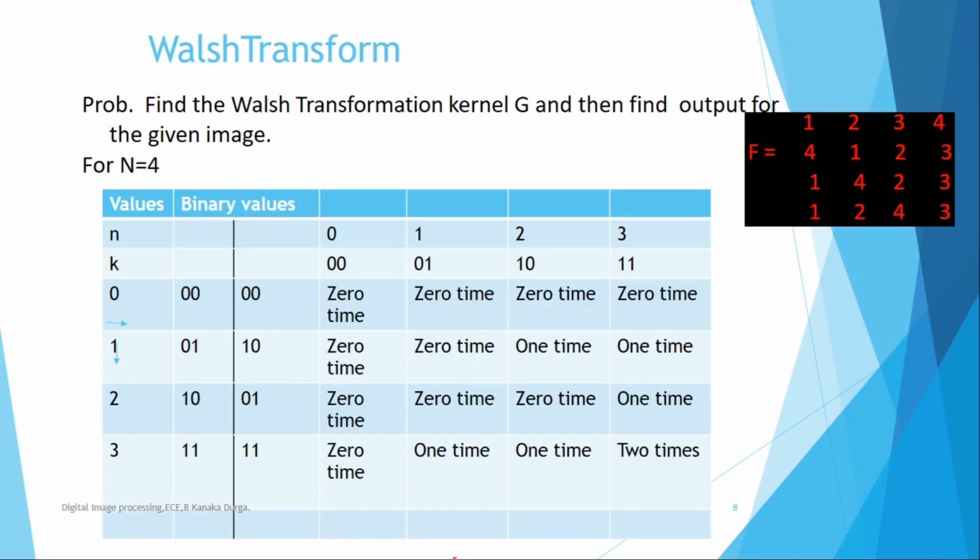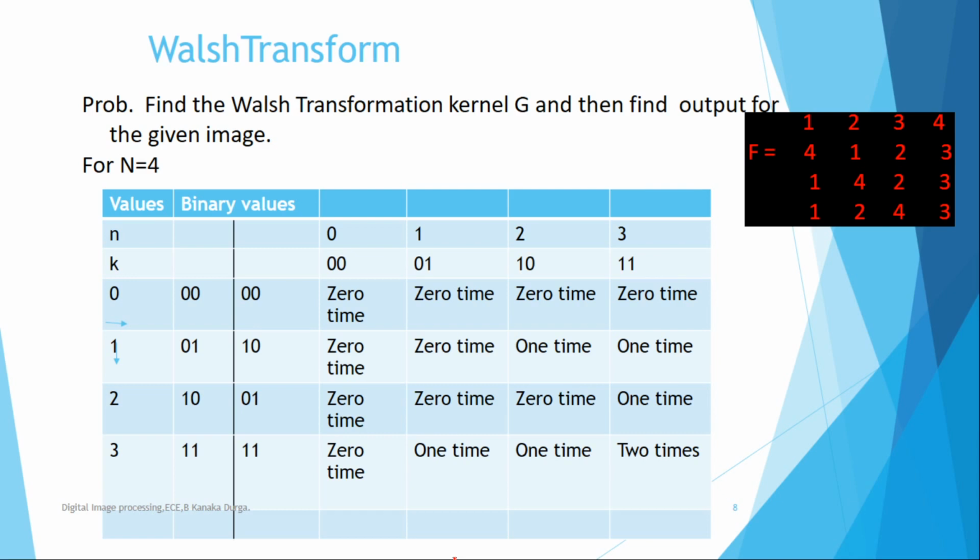So let's take an example on this. Find the Walsh transformation kernel for the given image. In this scenario, the number of samples is 4, so capital N equals 4, and I have to find the Walsh transformation for N equals 4. What's the first step?